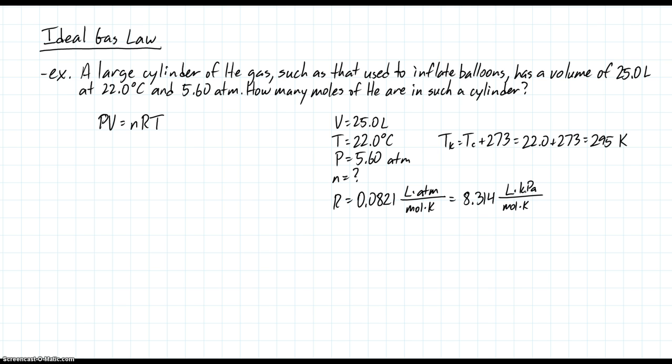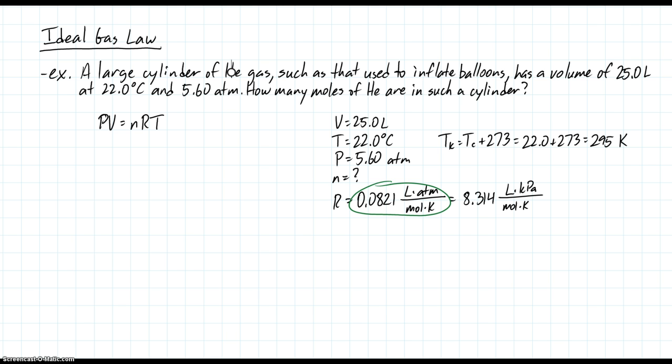And the way that we decide which version of R we want to use is based on what unit of pressure we've been given or we're looking to find. So here we've been given a pressure in atmospheres, and so we want to use the first version of R listed here, which involves atmospheres as a unit.